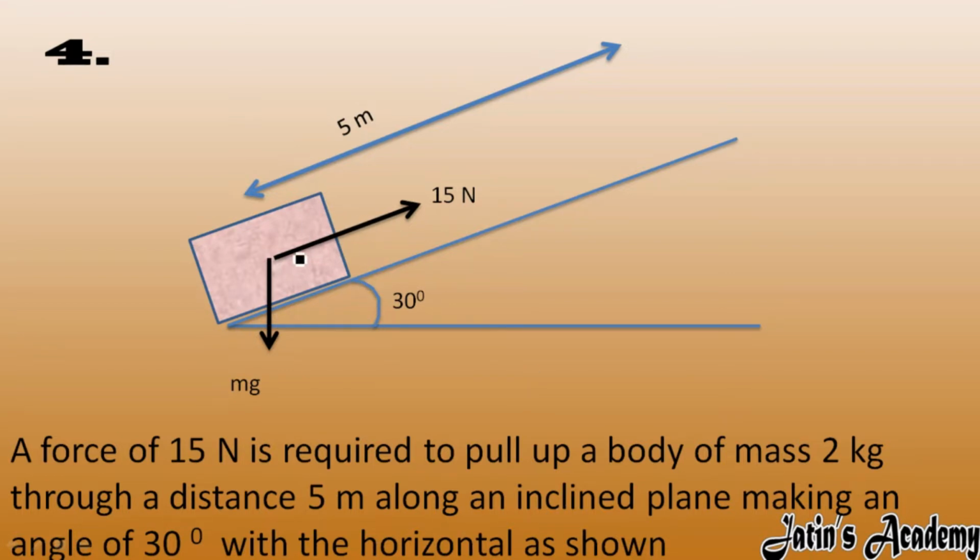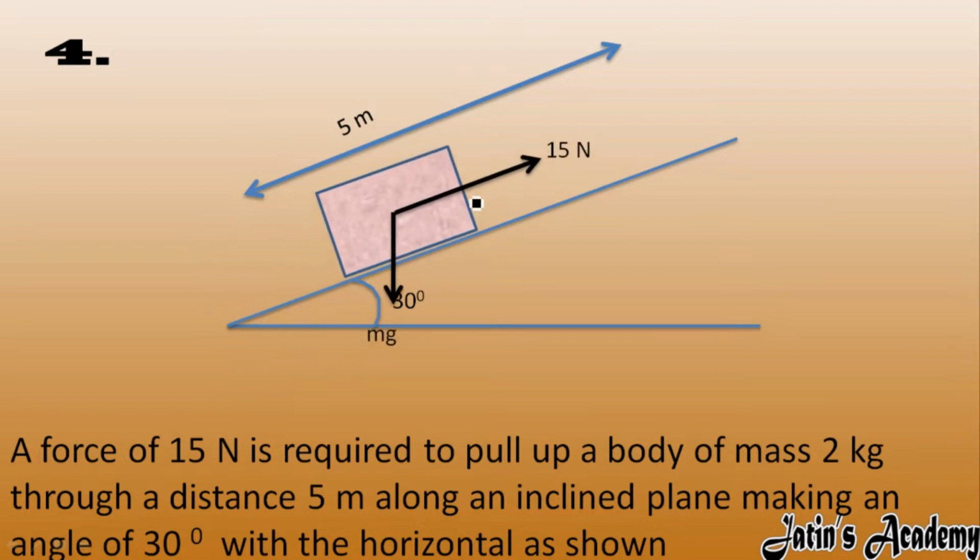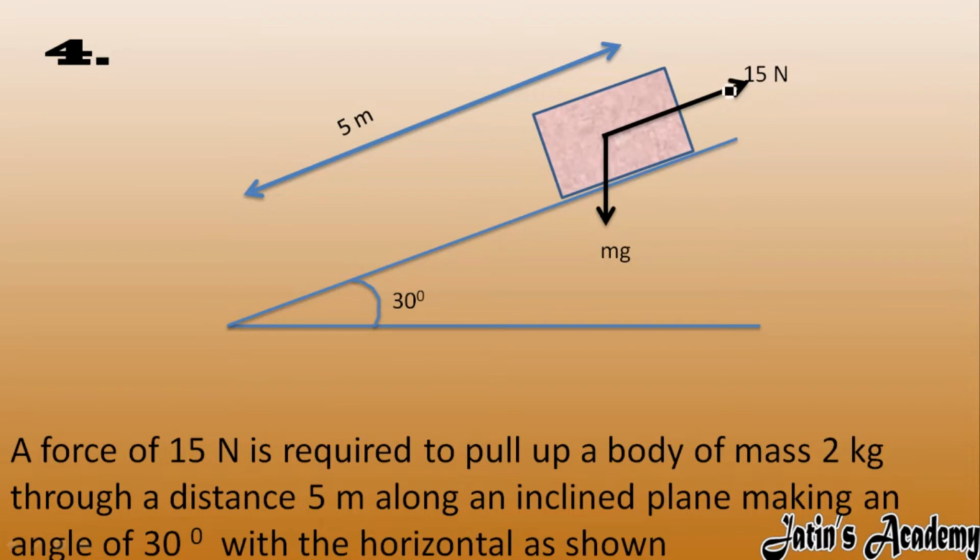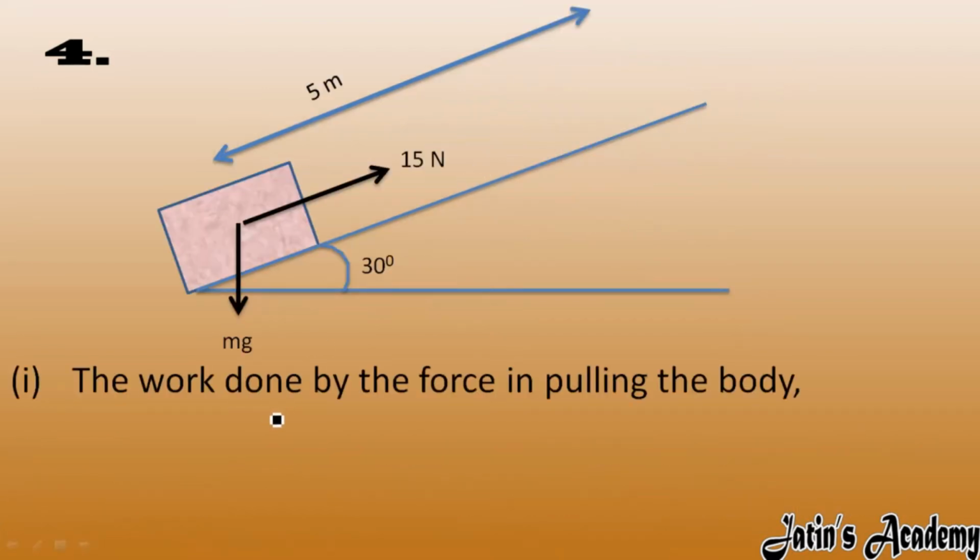So actually this block is moved in the upward direction by this 15 Newton force, and the mass of the block is given as 2 kg. You can also convert it into Newton, but the mass is given as 2 kg. Now we have to calculate, first, the work done by the force in pulling the body, meaning how much work is done by the force to pull this block on this inclined plane.